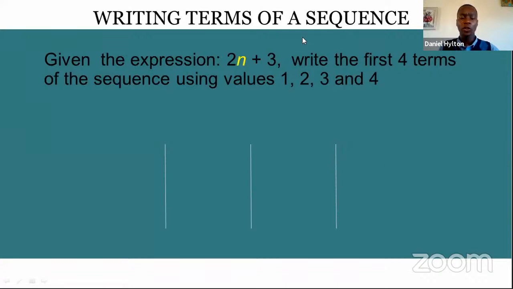Generate the first 4 terms of this sequence. In the chat, we are seeing 5, 7, 9, 11.